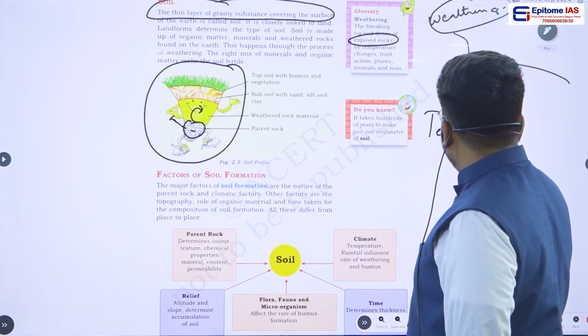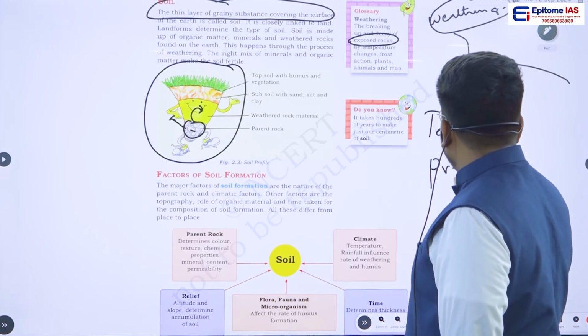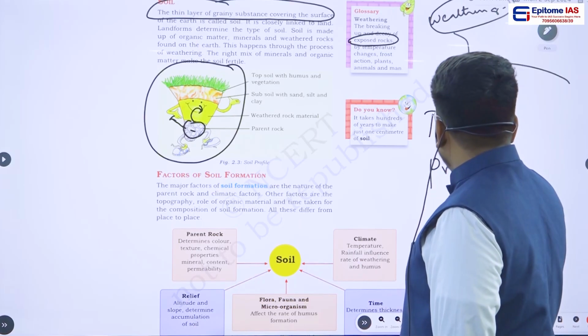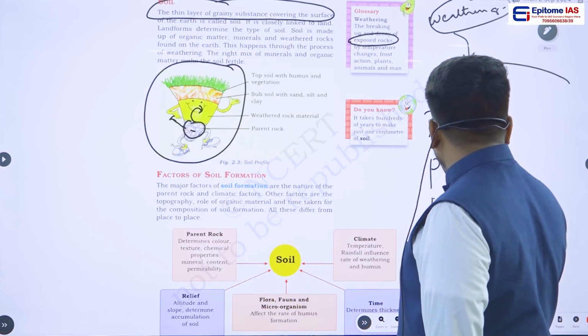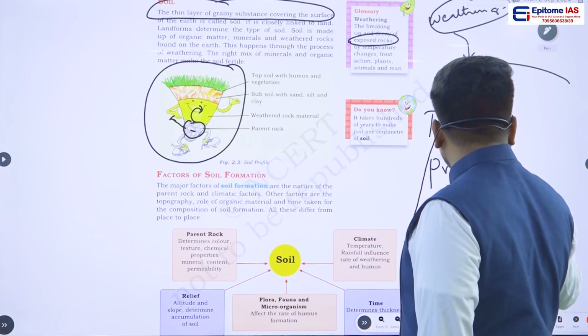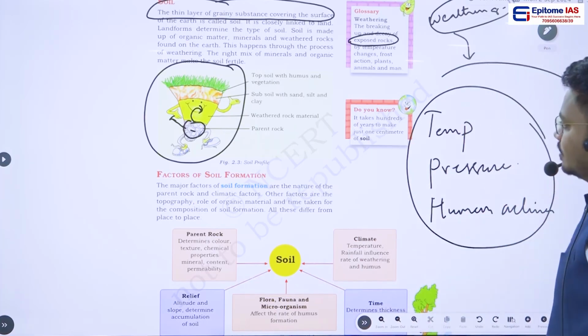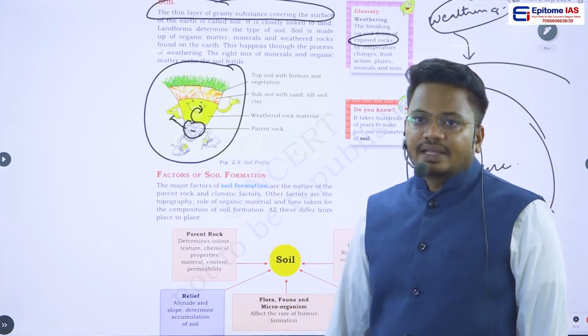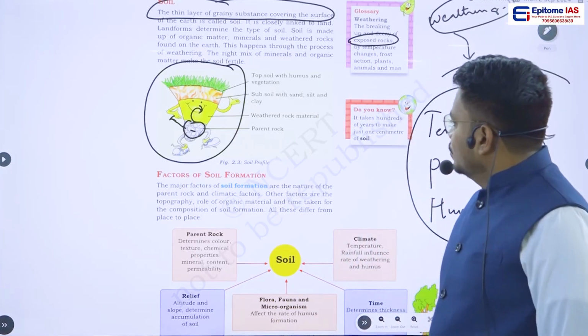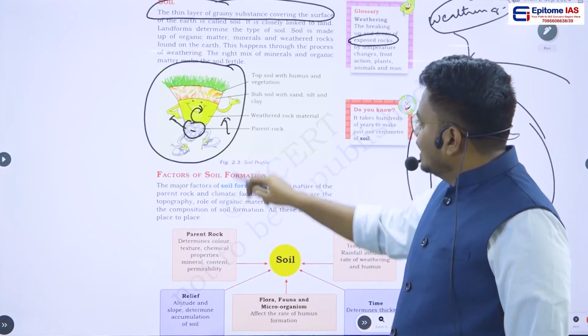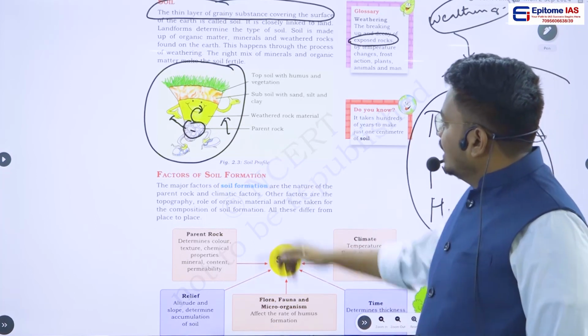What are they? Temperature, pressure, and some human activities. Because of these things, the parent rock starts breaking up and decaying.